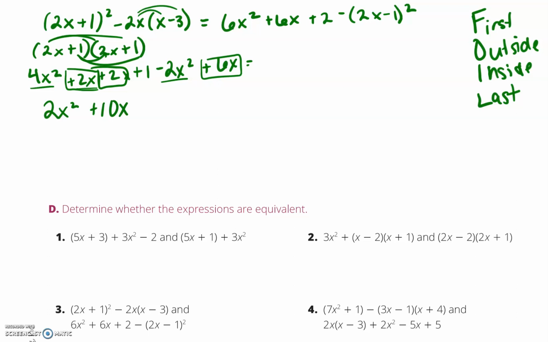And if you're confused about that, I have 2 apples, my friend has 2 apples, and we go buy 6 apples at the store. Together we're going to have 10 apples. So that's how you combine your like terms. And then the only constant I have is 1, so plus 1 goes at the end. So my left side is fully simplified. Now I've got to do that again to the right side.